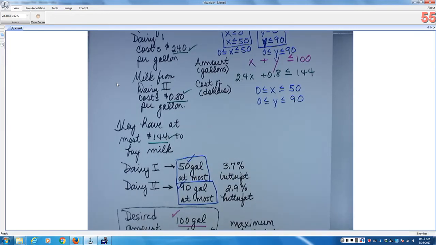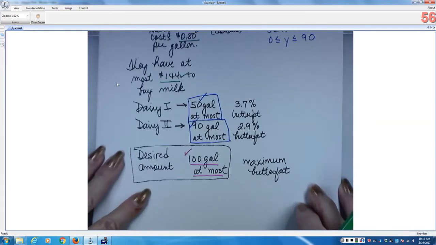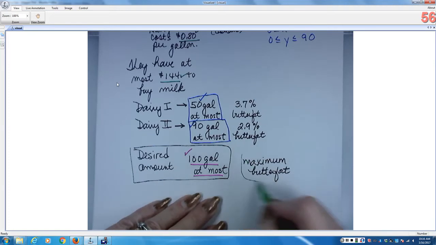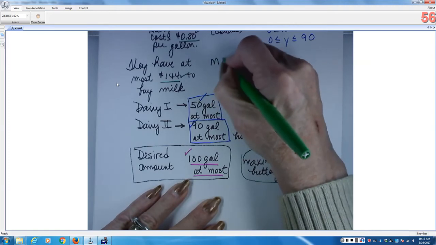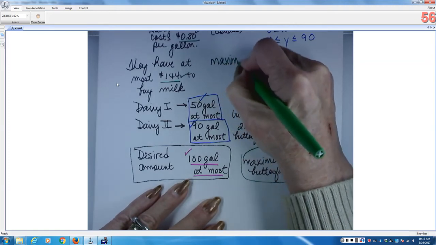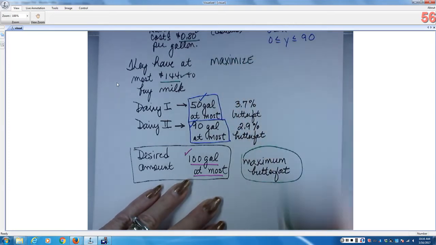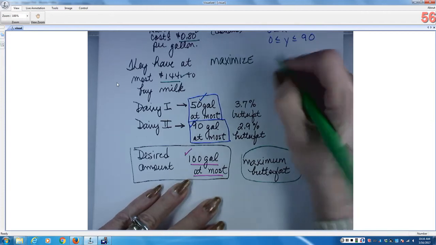We have one more piece of information, and it focuses around what it is that they want. They want the maximum possible butterfat. So we want to maximize the butterfat.